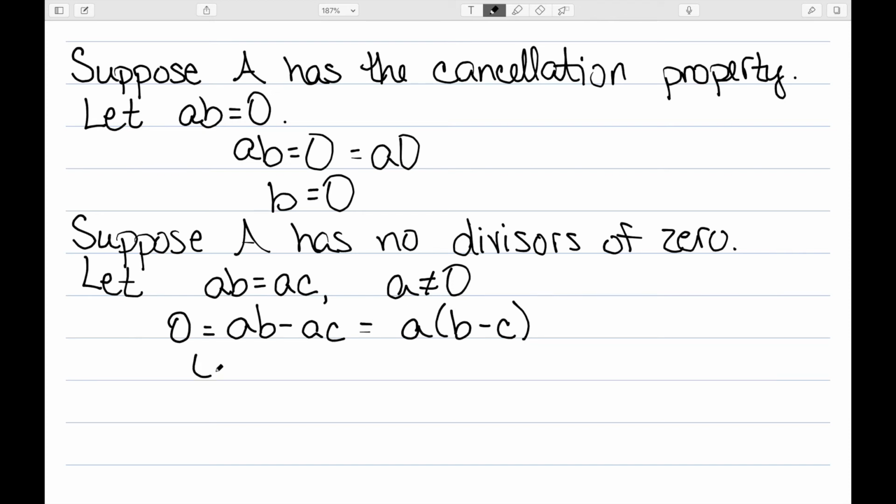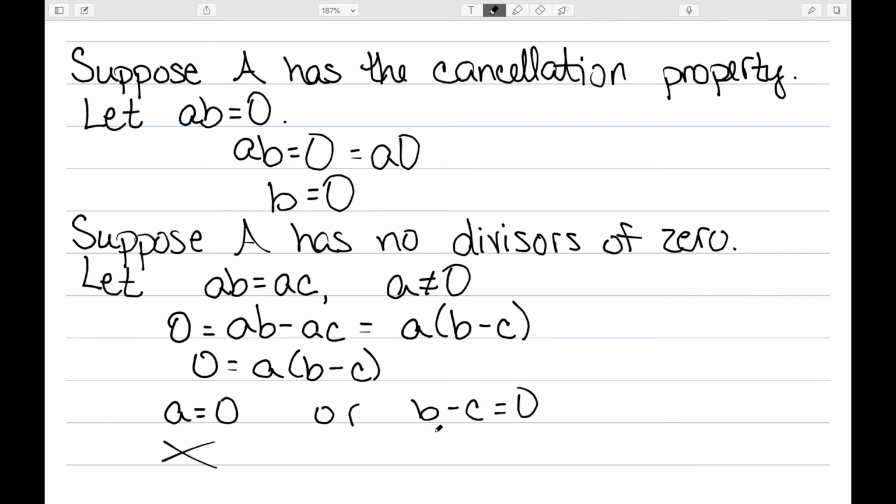So now I have that 0 is equal to A(B minus C). I know there are no 0 divisors, so I know that one of these must be equal to 0. Either A is 0 or B minus C is equal to 0. We've already said this case was impossible. We can add C to both sides to get B is equal to C. So therefore, we have the cancellation property.